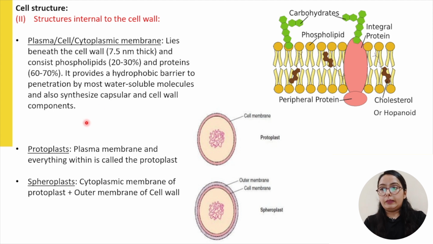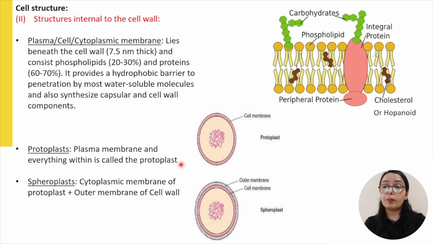Now apart from the plasma membrane, the other structures which are internal to the cell wall include protoplast and spheroplast, which are often confused. So let's understand these terms. The protoplast is the plasma membrane and everything within the plasma membrane.